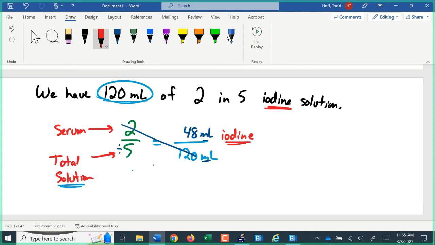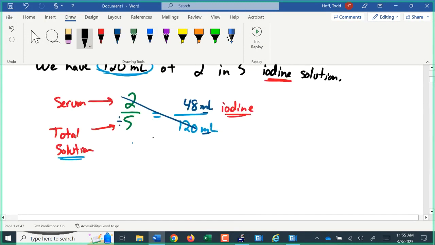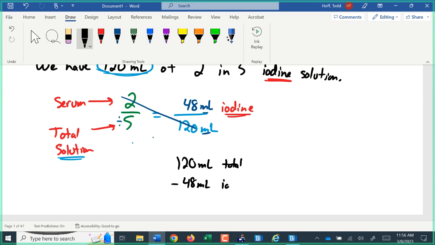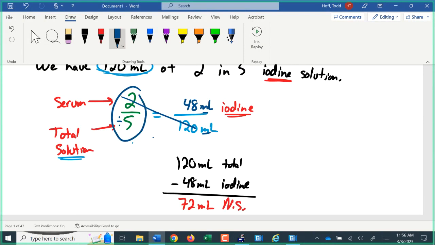Now, if I want to find how much saline, how much NS, is in here, I have 2 options. I can subtract: 120 milliliters total solution minus 48 milliliters iodine, or serum, gives us 72 milliliters of NS, neutral solution, normal saline. Or I could do what we did with the students up above.